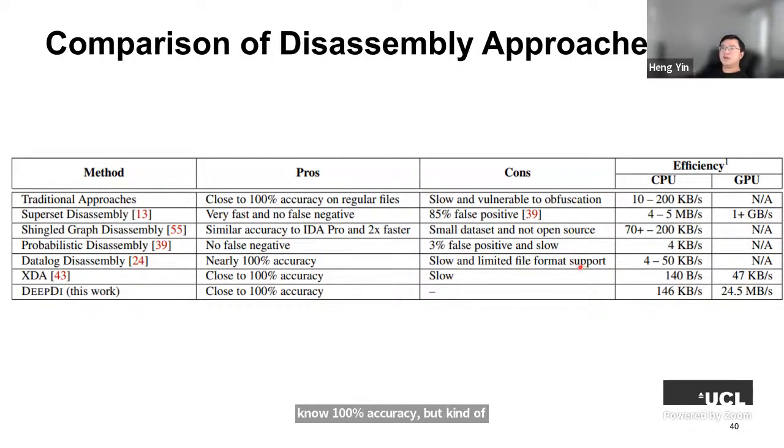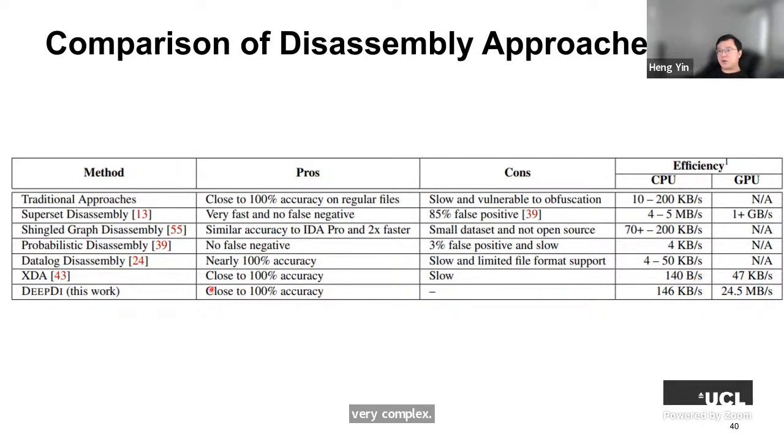Interestingly, there's also another deep learning based approach called XDA, which uses the transformer model. It also has close to 100% accuracy, but it's pretty slow, actually much slower than other approaches, only 140 bytes per second, because the model is very complex.